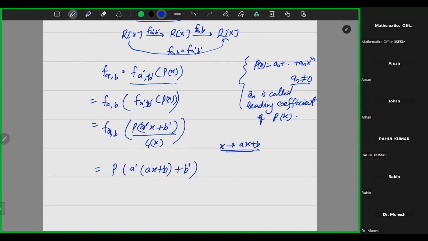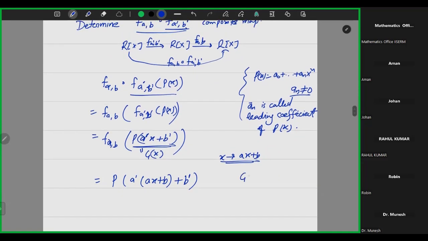If g(x) is equal to p(a'x plus b'), then g(ax plus b) is nothing but p(a'(ax plus b) plus b').